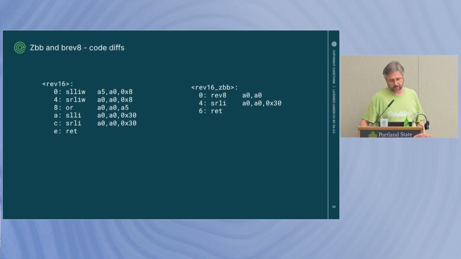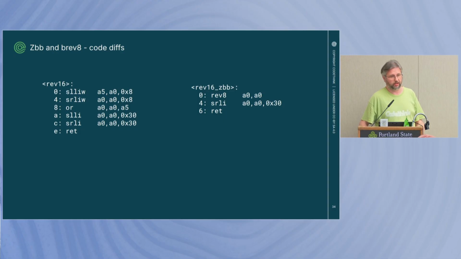So, for a code diff, the left is what GCC would output normally. I can't remember if this is the 16 or 32-bit, but the left is the non-optimized, and the right is the ZBB version.